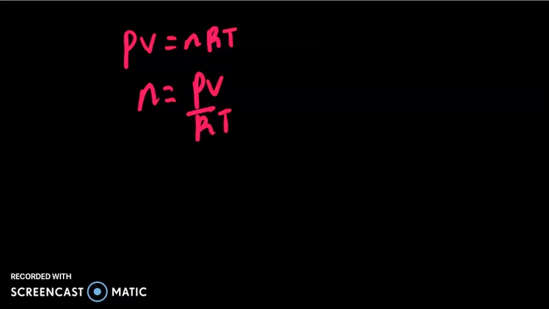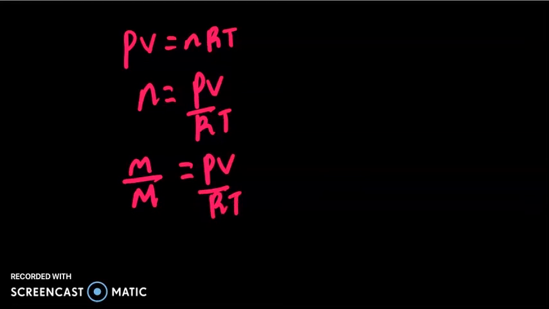So let me do a derivation of one formula. The original formula we have is PV equals nRT, but mostly when we are asked for the mole, this is how we rearrange it: n equals PV over RT. Sometimes you'll be asked to calculate the molar mass, and n is the same as mass over molar mass, which equals PV over RT.